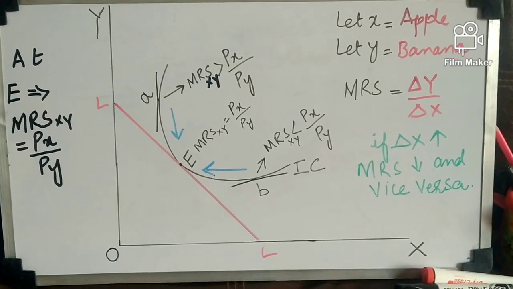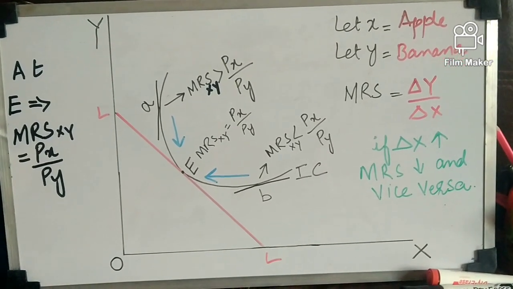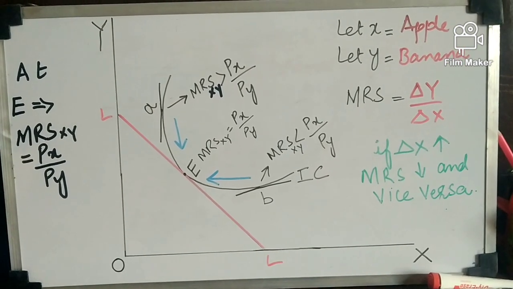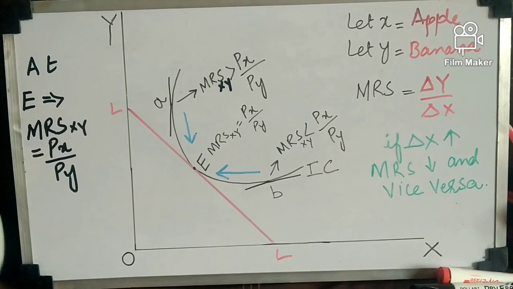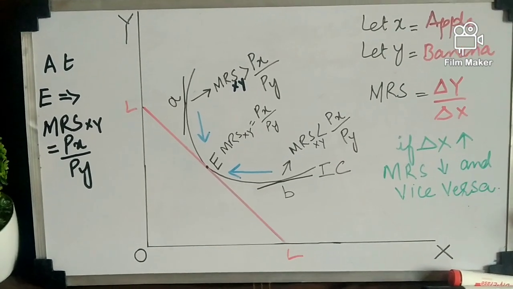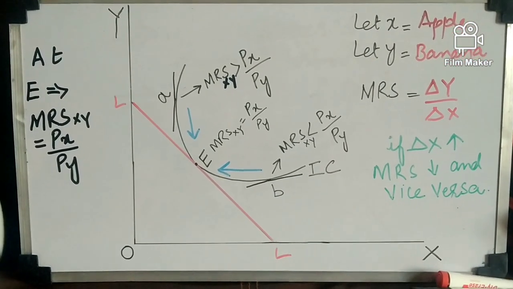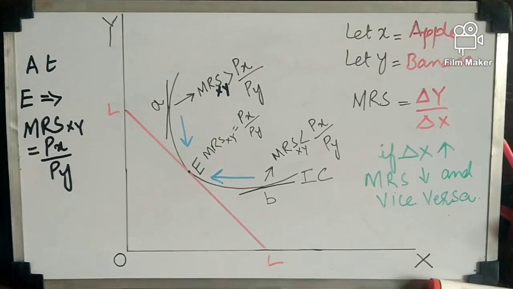At point B, the slope of the indifference curve is shown by the line drawn at point B, which is flatter than the budget line LL. It means that the marginal rate of substitution between x and y is less than price of x over price of y.